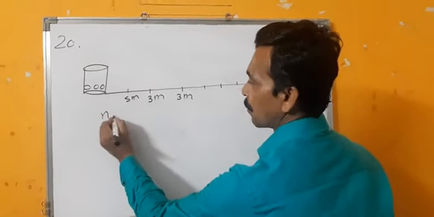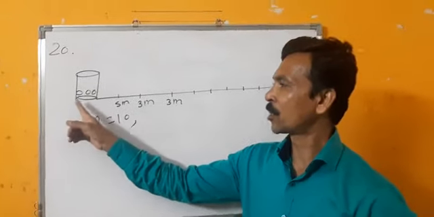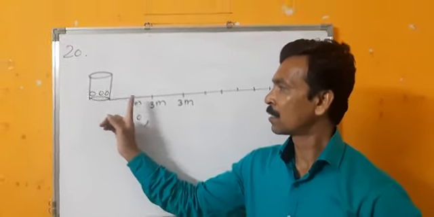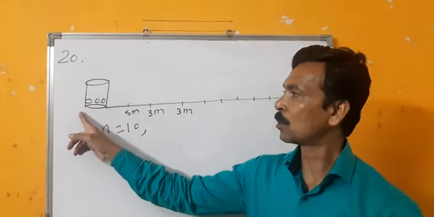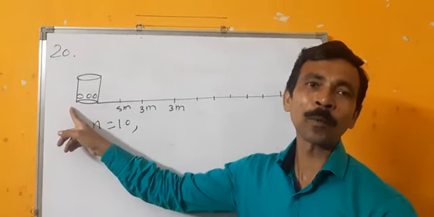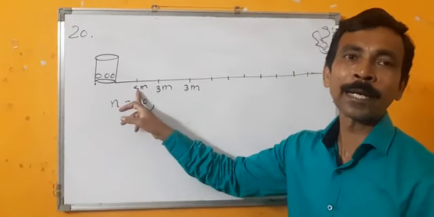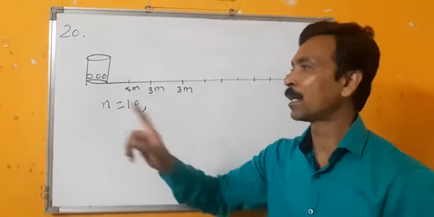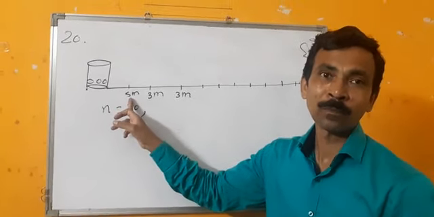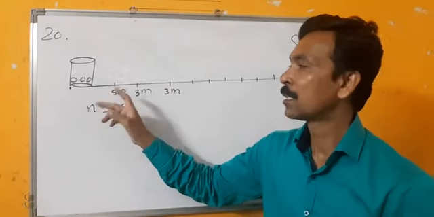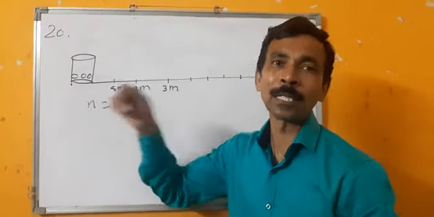It means the number of potatoes is 10. She runs from the bucket to pick up the first potato, which is at a distance of 5 meters. She picks up the potato, then runs back and puts the potato in the bucket.